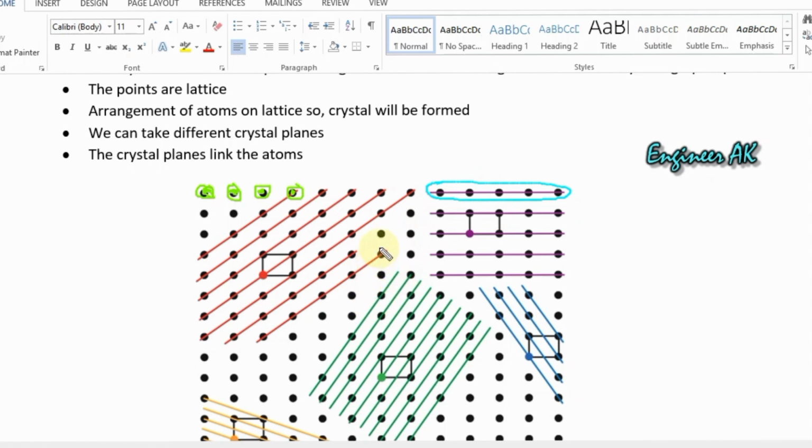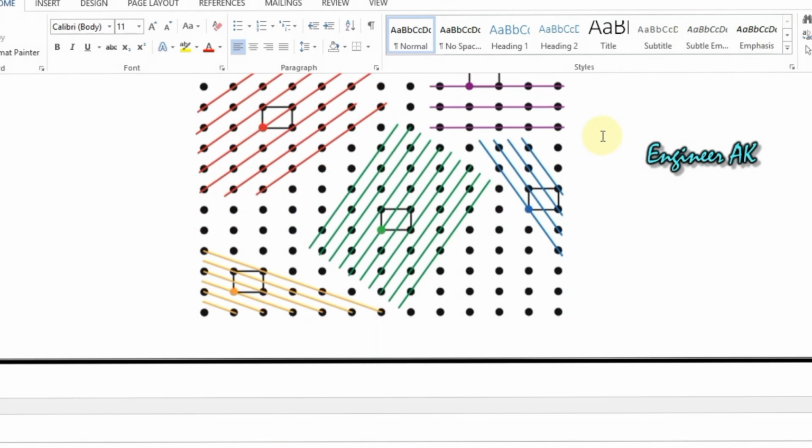This is a plane, this is another plane in a different direction, and this is another plane in another direction, and the same with this one. So these are crystallographic planes. Okay, let's move further.